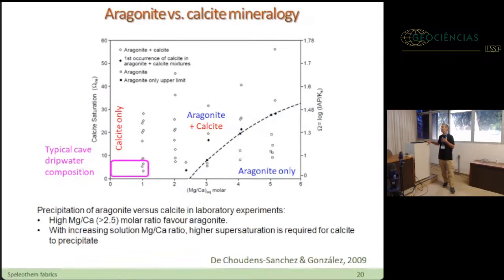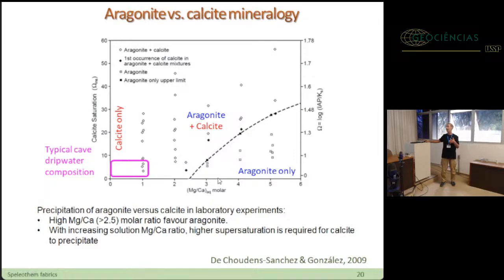So, in terms of mineralogy, the first and the broadest distinction is between aragonite and calcite. So typically, drip water composition has a magnesium calcium molar ratio lower than 1 and a low to moderate supersaturation. So these are typical drip water analyses, and in this field we just have calcite.